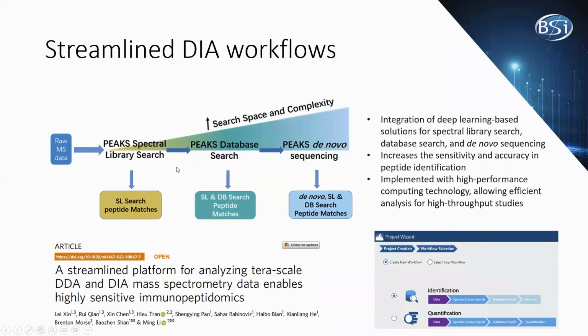Then any unmatched spectra we can next search with a Peaks database search directly with the DIA spectra. Any unmatched spectra from both spectral library and database search, we can perform de novo sequencing on. This is implemented on Peaks Online as well for high performance computing, allowing efficient analysis for high throughput studies.